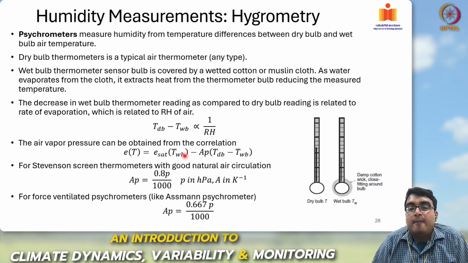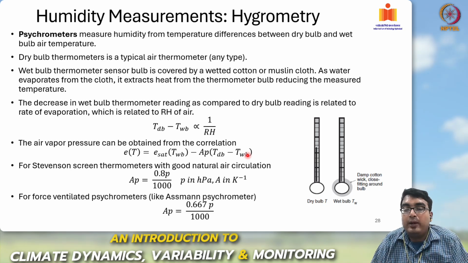That value minus a factor A times the air pressure times the difference between dry bulb and wet bulb temperature. So, the actual vapor pressure equals the saturation vapor pressure at the wet bulb temperature value minus a factor A times the ambient pressure times the difference between the dry bulb and wet bulb temperature.